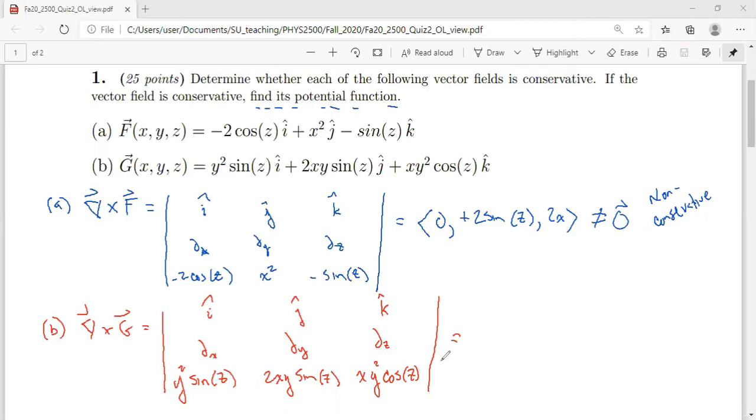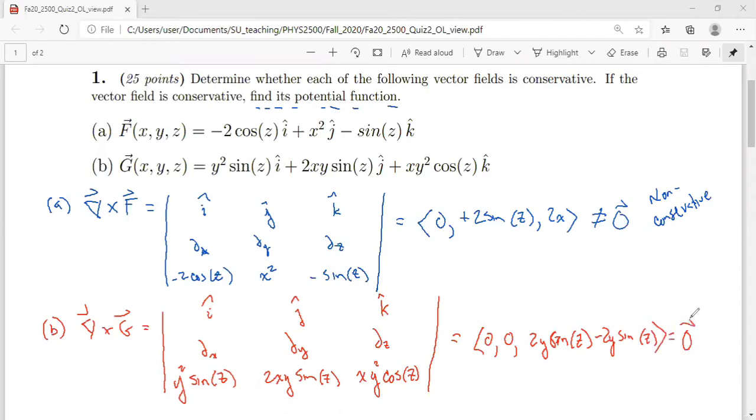Okay, and this turns out to be 0. We get a lot of cancellation. So each one of these terms has 2 terms, and if you get the signs correct, then they all cancel. And in fact, this turns out to be 0, 0, and then I'll write the last term just so you see what I'm talking about. So the last term would be 2y sine z minus 2y sine z.